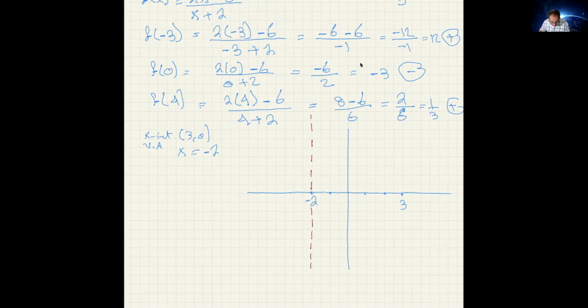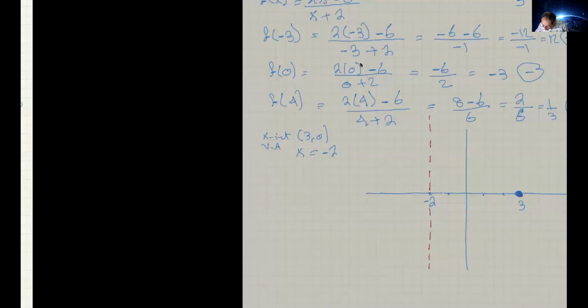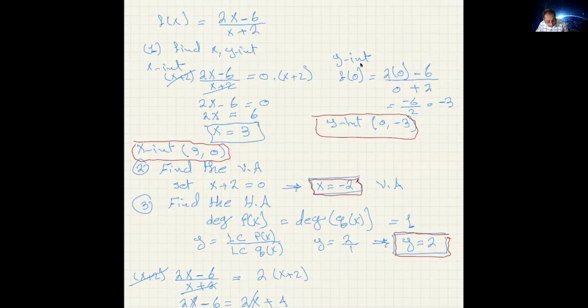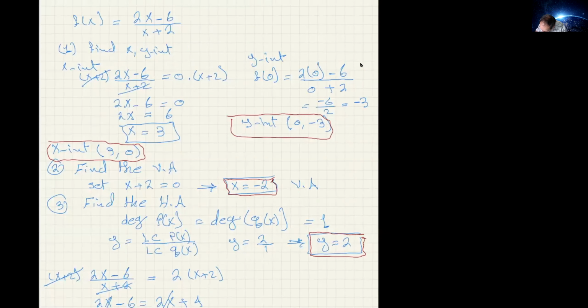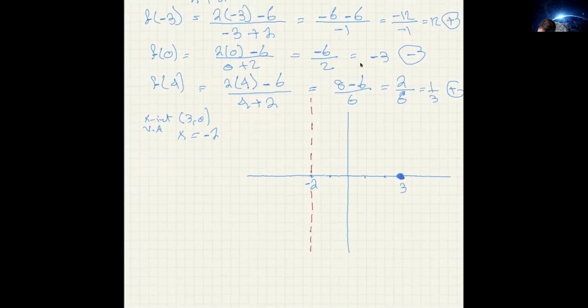The second step is to find the X-intercept and Y-intercept. So the X-intercept is the 3 here. Let's make this blue. And the Y-intercept I got from the back. The Y-intercept is 0 and -3. So I go to -3 here. 1, 2, 3, -3.